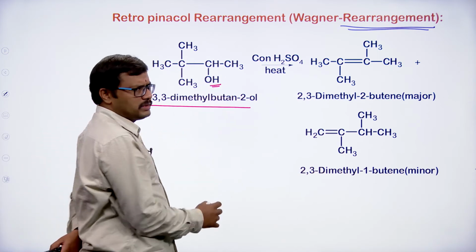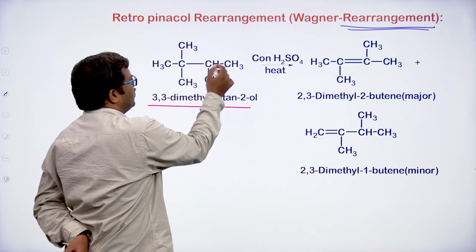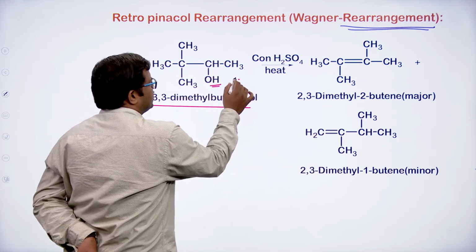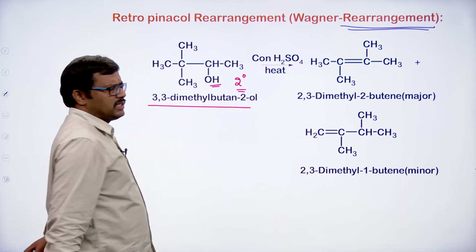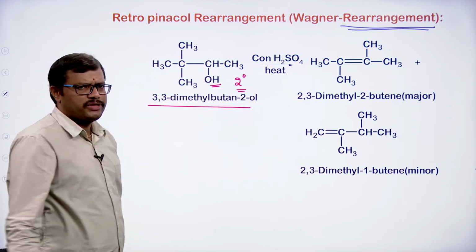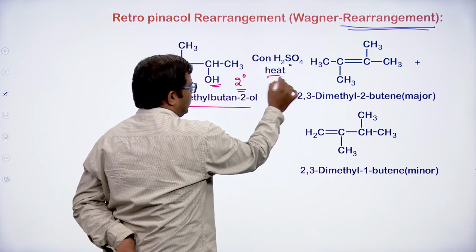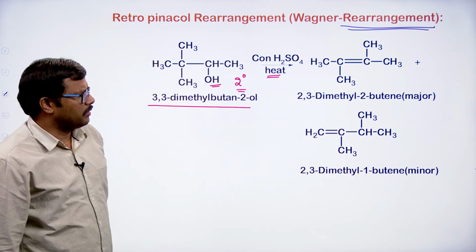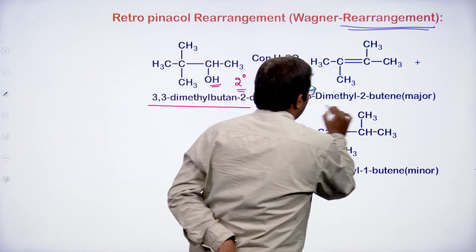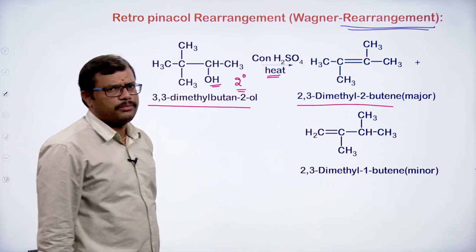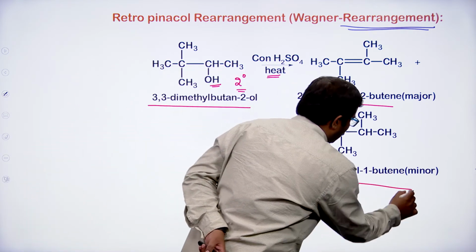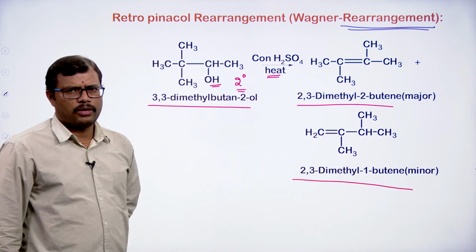The OH is connected to a carbon atom, which in turn is connected to 2 other carbon atoms, so it is a secondary alcohol. On treatment with concentrated sulfuric acid and heating, we are going to get 2,3-dimethyl-2-butene as a major product, and 2,3-dimethyl-1-butene as a minor product.